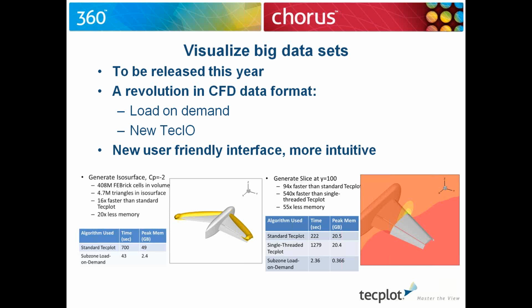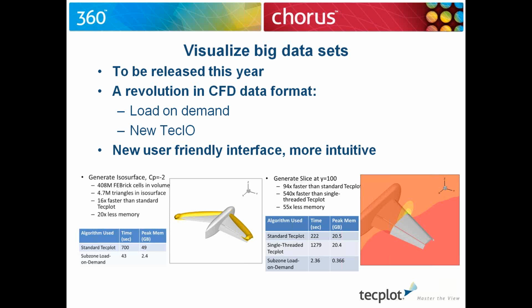What you currently do when you're using a visualization tool is that you load all your data and then display something that you want to look at. For example, if you've got 1 billion cells, and you want to look at a slice, you will load that billion cells of data and then display the slice. With load on demand, it's a bit different.